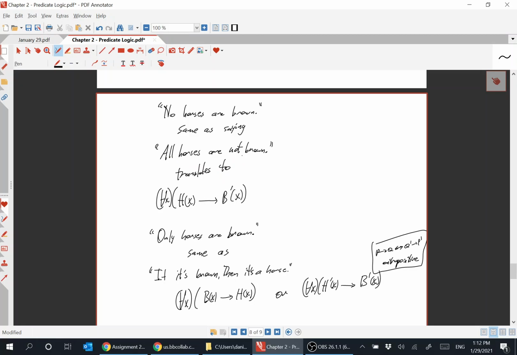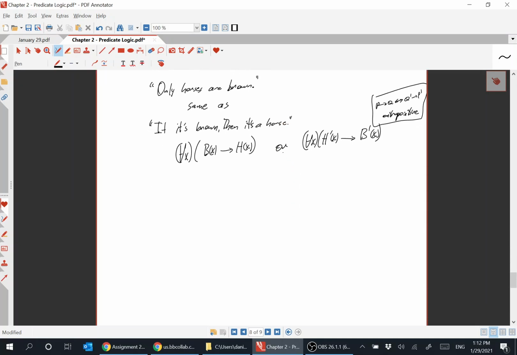It's universal quantification, not existential. And then this "only" construction kind of flips the implication around. Only horses are brown is the same as saying if it's brown, then it's a horse. Or if it's not a horse, then it ain't brown. All right, so that's principle number 1 for universal quantification.